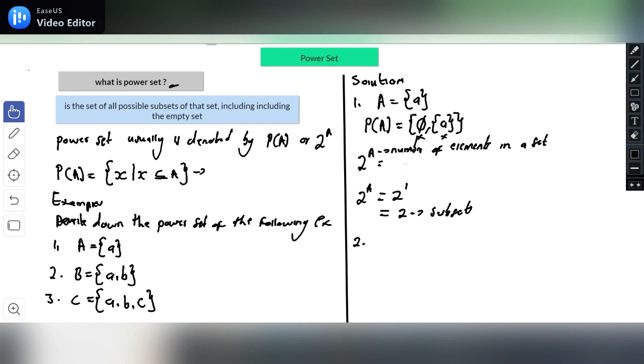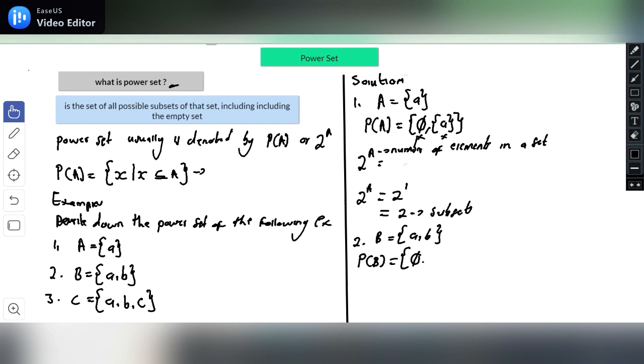Let's go to the second example. The second example, we have set B, which contains a and b, right? So the first thing that we write is P(B) is equal to, then like I said, open the braces, and the first subset that you write is the empty set.